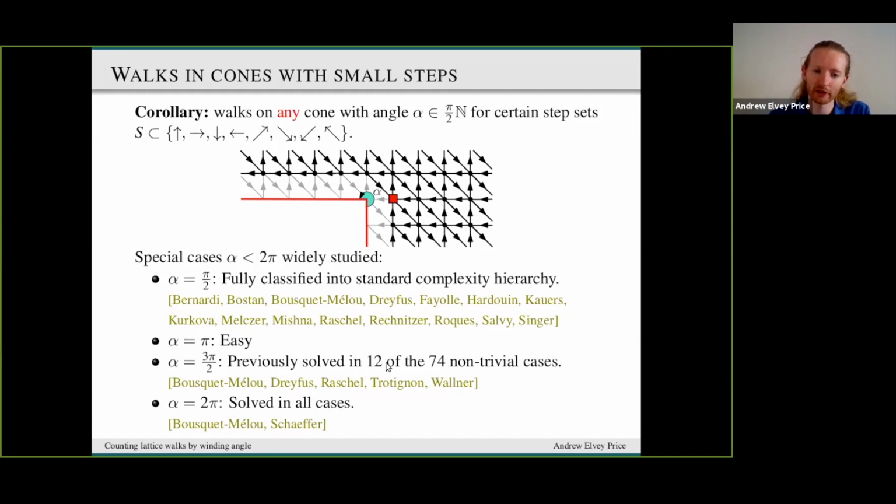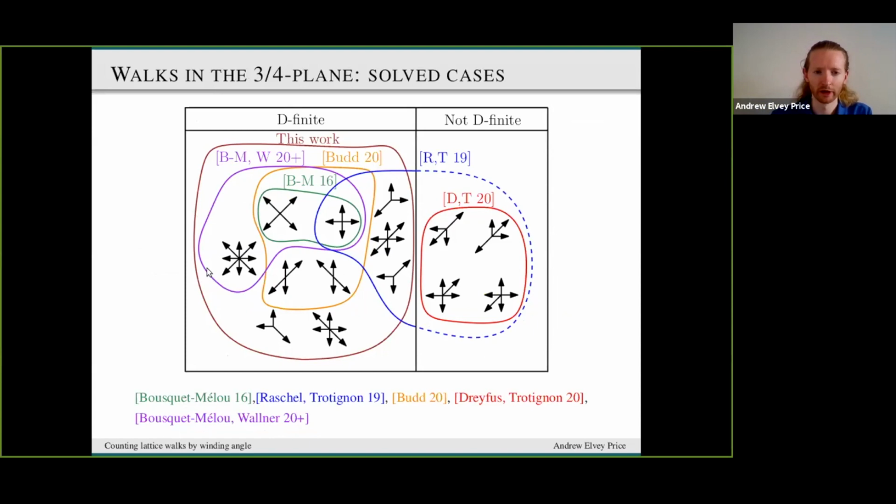In this case, the problem had been solved for 12 of the 74 different problems, and I'll show those on this slide. So for walks in the 3/4 plane, there are now 14 solved problems, including 2 that are new in this work.